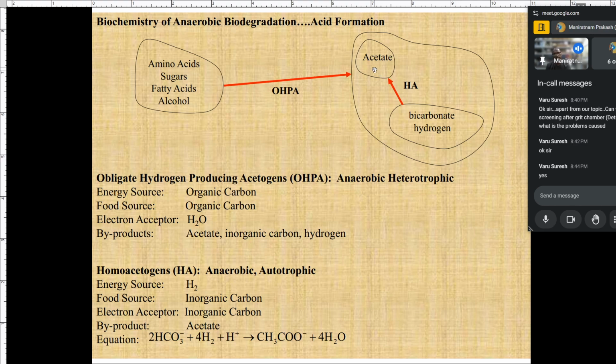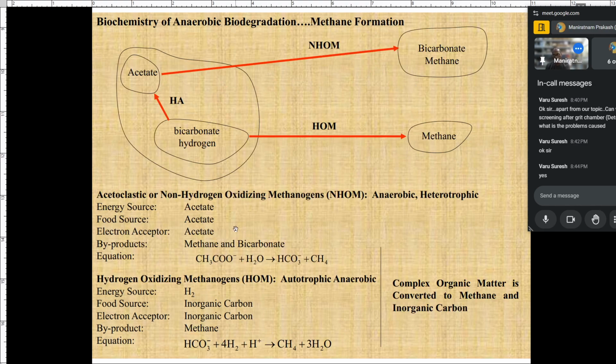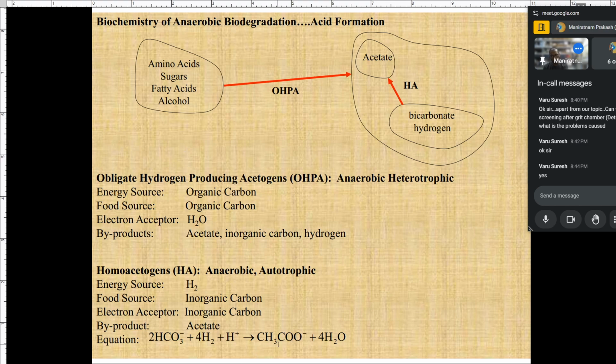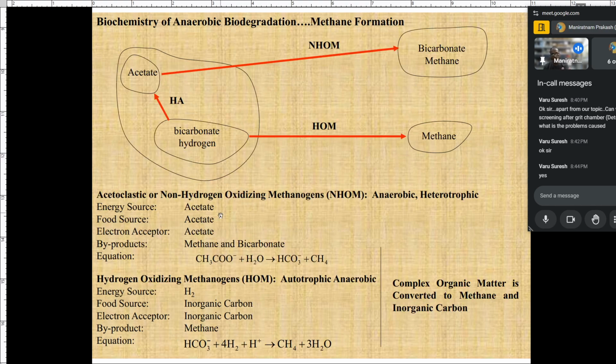Some acetate is getting directly converted into methane, as you can see here. But along with acetate, some bicarbonate is also produced. First, bicarbonate will get converted into acetate by this HA, and then this acetate will get converted into methane.